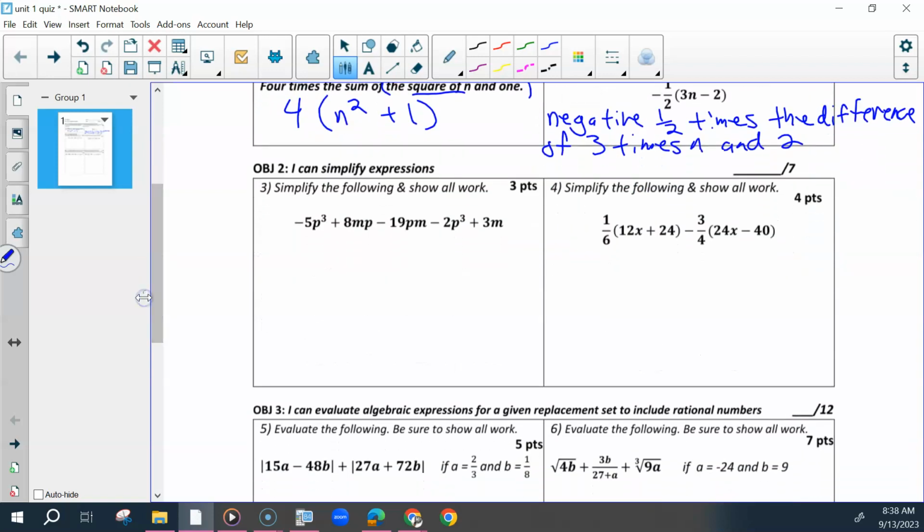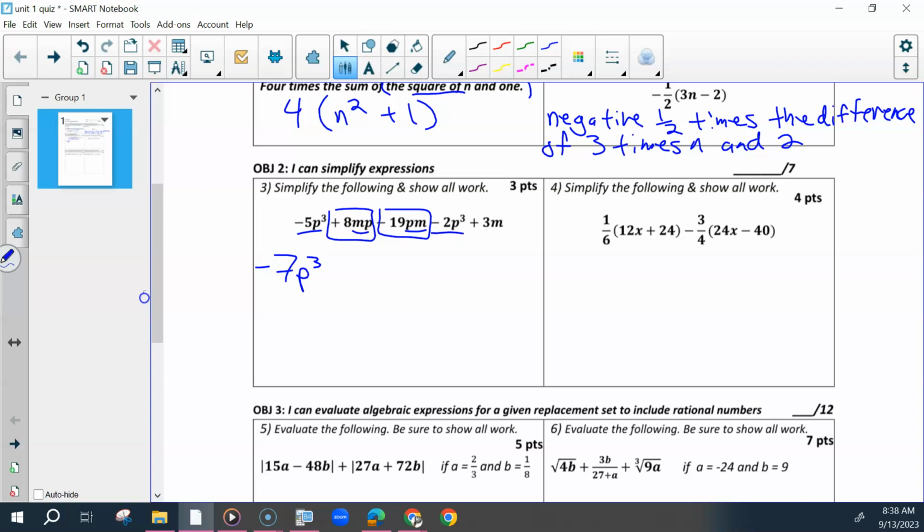Objective 2. Number 3 was tricky for many of us, and it's okay. This was probably the most commonly missed between all of the classes I have. Right. So we needed to combine our like terms. So these were one set. A lot of your paper says order. Yeah, sure. Order doesn't matter. I'm referring to these two because these are like terms. If they were numbers, the P and the M, instead of letters, like 3 and 4, if I multiply 3 and 4 and 4 and 3, we get the same thing either way.